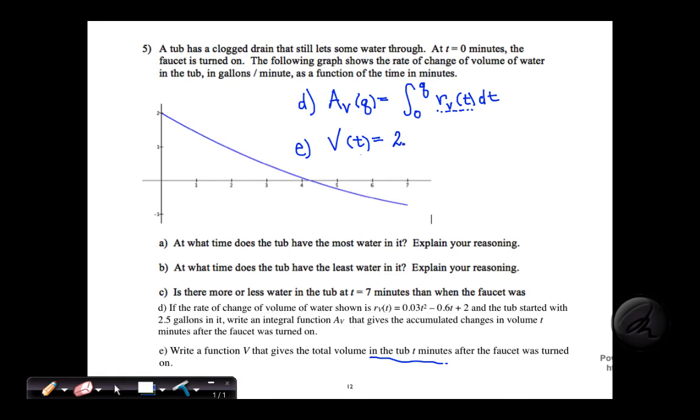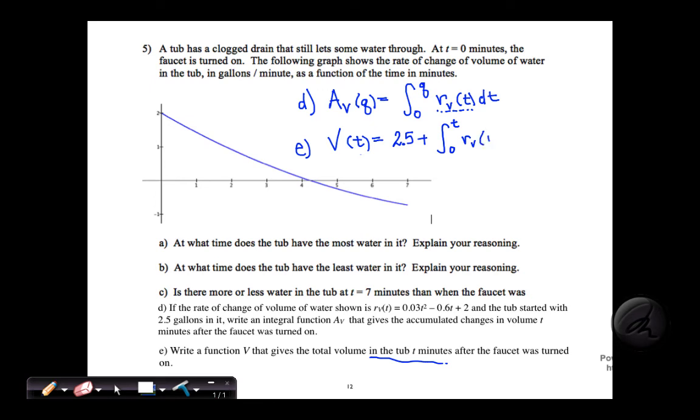And it's just a starting value, y initial plus a sum of a whole bunch of MDXs. So the starting amount of water plus what accumulated due to the rate that we knew about. So since I want the dependent variable to be t, I'm going to have this integral from 0 to t and use something other than t inside.